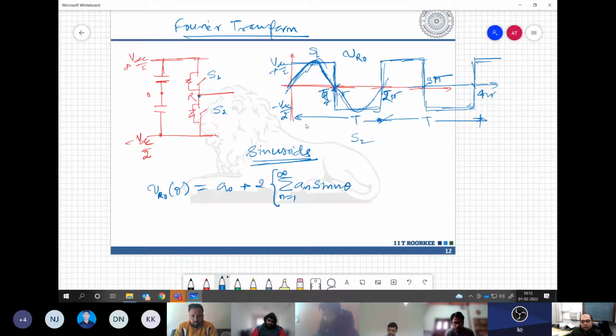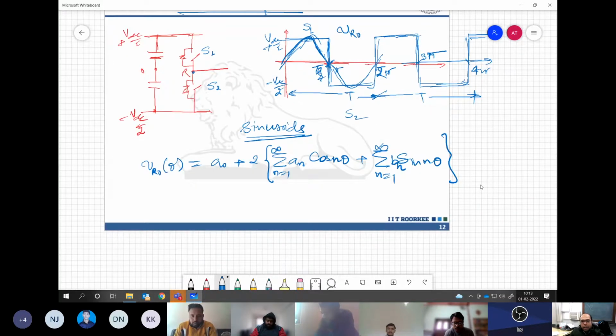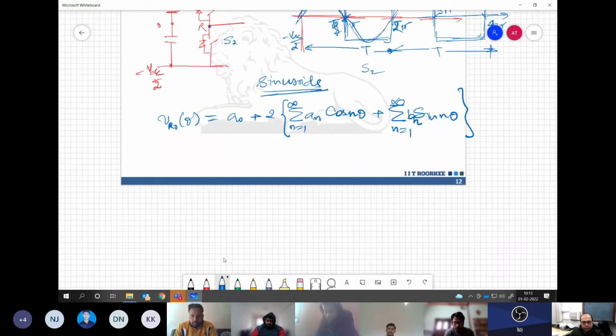So if I have to express VRO of theta, it can be written as, let us take cos first, cos n theta. Here the coefficient Bn is there. There is a reason why I'm writing 2 over here, so that we can maintain uniformity.